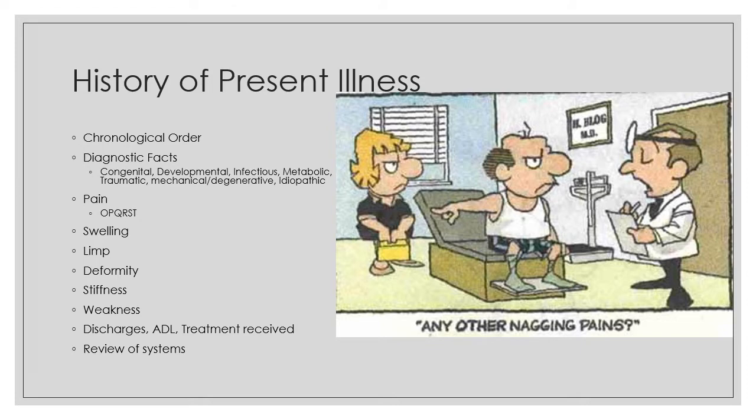So we ask if it's been present since birth, some fever, chills, or night cries, if you're considering infection. If we're considering metabolic, we can ask for nutrition status, some hormonal imbalance.